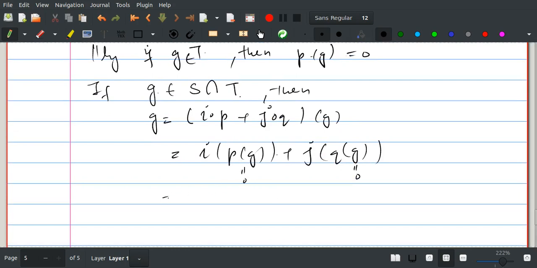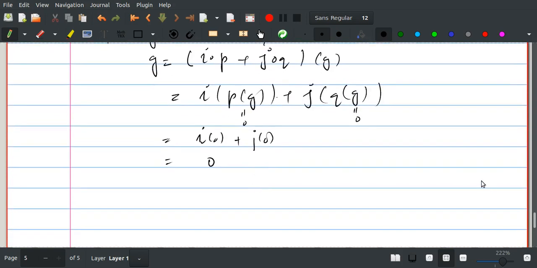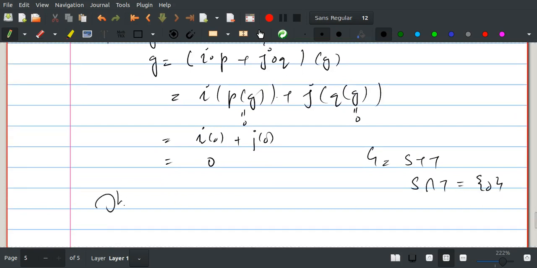So this is same as I of 0 plus J of 0. I and J being the inclusion maps, this is 0. So we have proved their intersection is singleton. This implies that G is S plus T, where S intersection T is singleton. In other words, G is direct sum of S and T.